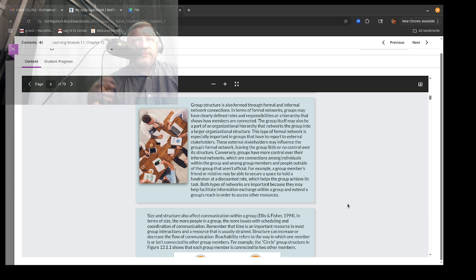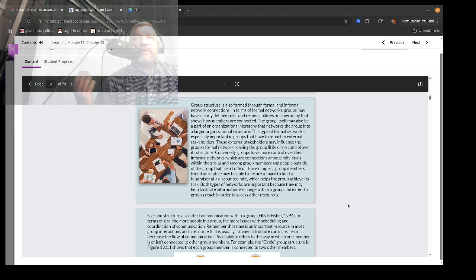Conversely, groups that have more control over their informal network, with connections among the individuals within the group and also people outside the group, and maybe it's not quite as official, tend to form their own structure, their own rules, their own reporting methods.